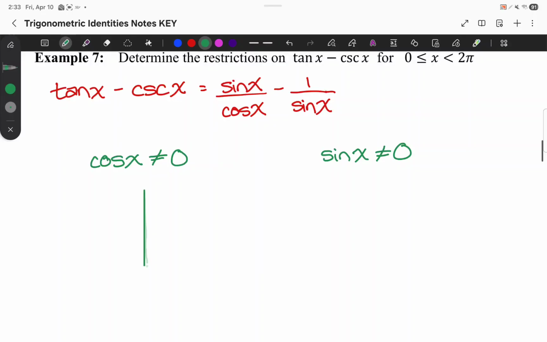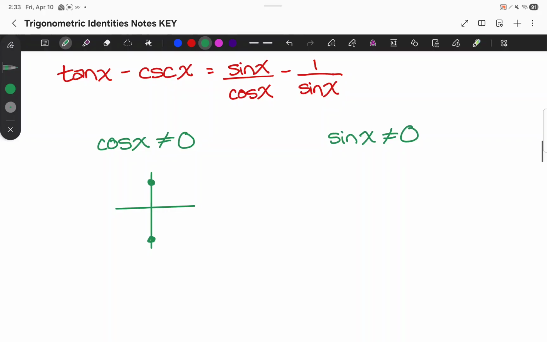So let's just draw in some points that would be on the unit circle. If cosine x was equal to 0, just so we can find those angles, that happens up here and down here, where your x value is 0. I should have used theta, a bad choice of x versus x, but your angle happens up here and down here.